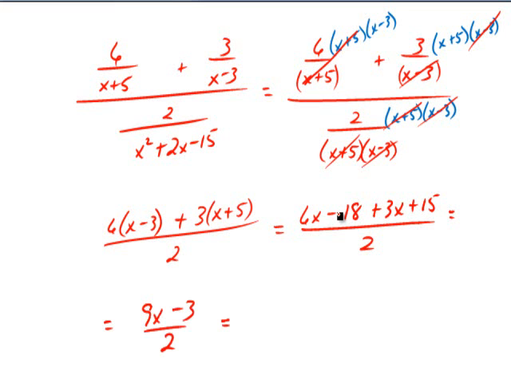I can factor 3 out of the numerator to see if anything will cancel with something in the denominator, which it doesn't. So again, either of these forms would be okay for my simple fraction.